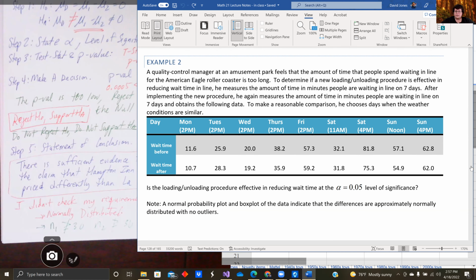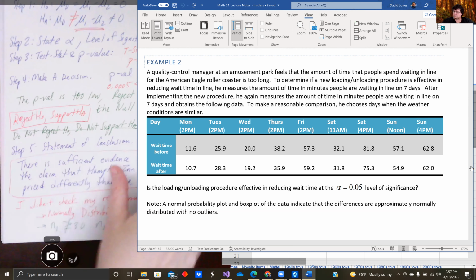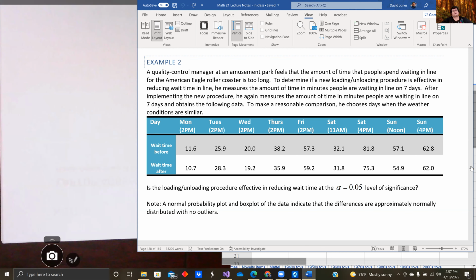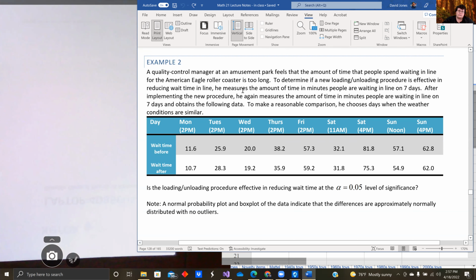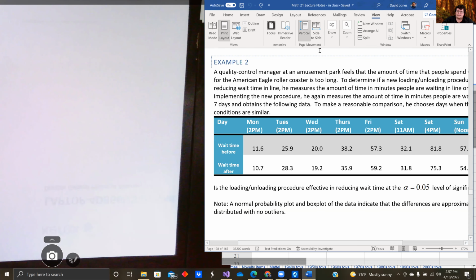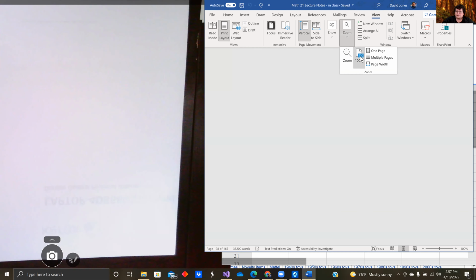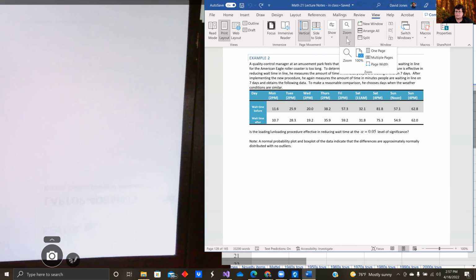So what is he trying to figure out? If a new procedure is effective in reducing the wait time in line. Now remember, we're going to have to do, I'll get that data up and back up in a second. Actually, I'll shrink it down a little bit more.